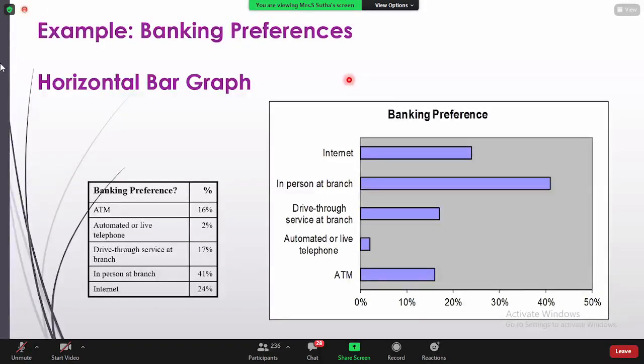Now you know that the variable is banking preferences, the preferences of the banking methods. Then what are the measurements we used to measure the preferences? What are the measurements we used to identify the banking preferences?